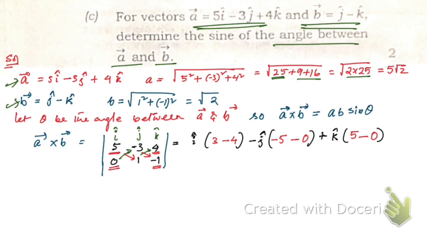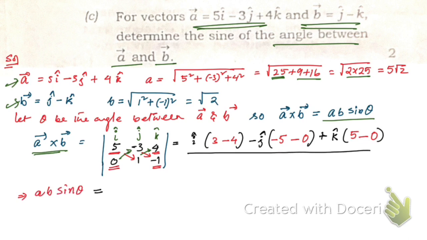So again A cross B, we have already got that AB sine theta. Evaluate this from the vector result we have got: minus i cap plus 5 j cap plus 5 k cap, and put the values of A and B you have calculated here.